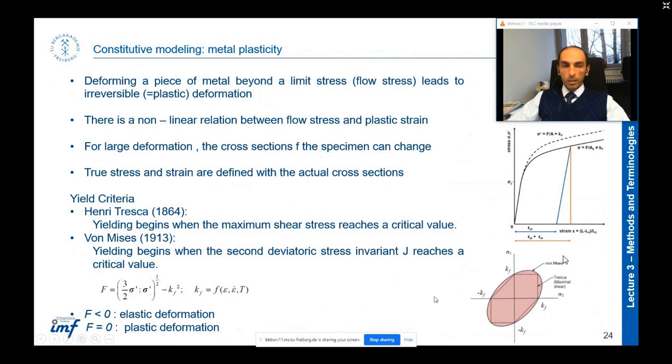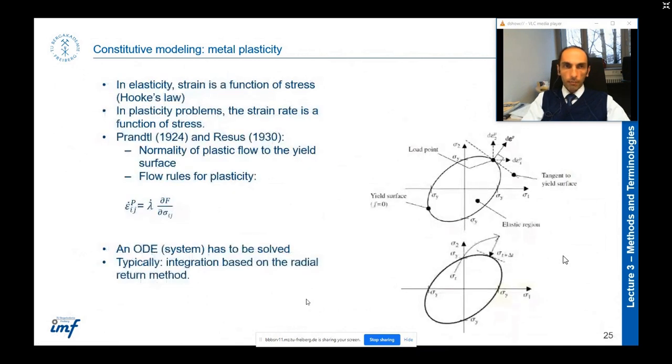But when it goes to the plastic, then you need some more equations. In the elastic area, we said that the stress, sigma, equals E epsilon, the Hooke's law. Stress and strain are linearly connected. But in the plastic deformation, strain rate is connected to the stress.